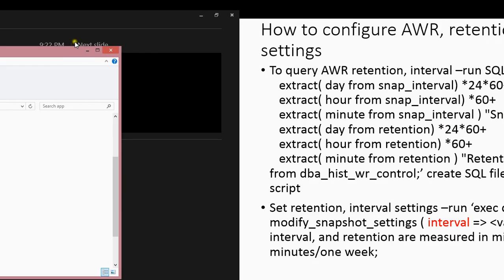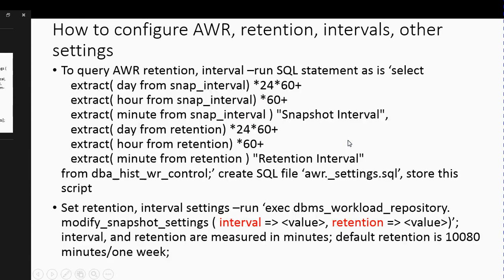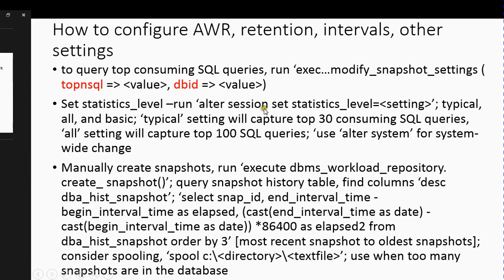So I'm going to minimize these and go to the next slide. If you wanted to query your top SQL, you would still execute and modify snapshot settings. In the top SQL, you would put in the value for the top query, and also put in your database ID.